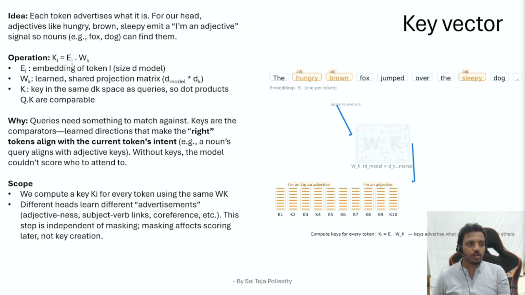Okay, so we are going to multiply each embedding with that of key matrix to get the key vector. You can see it's similar. This is our weightage for the key matrix, and this is we are going to multiply with each embedding, and we are going to get key vector 1, key vector 2, key vector 3, like that for all. So key vector 2 is basically I am an adjective. Key vector 3 is basically I am an adjective.